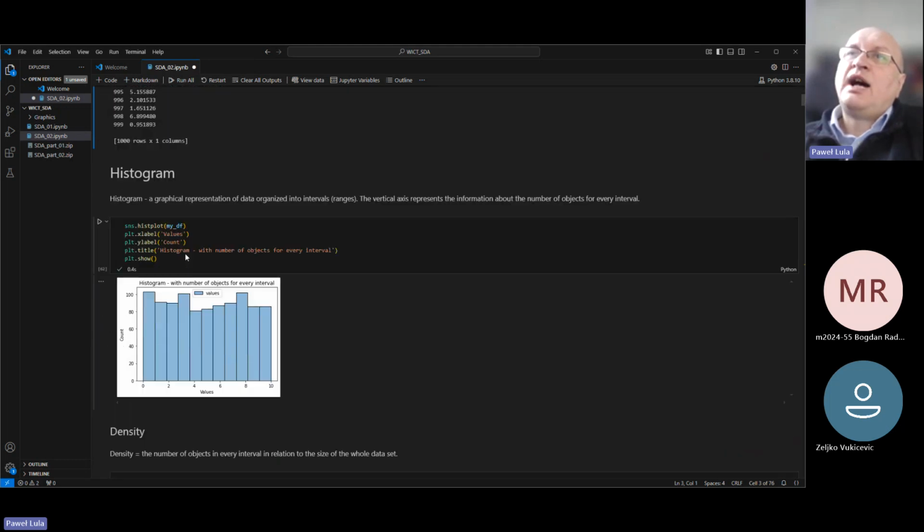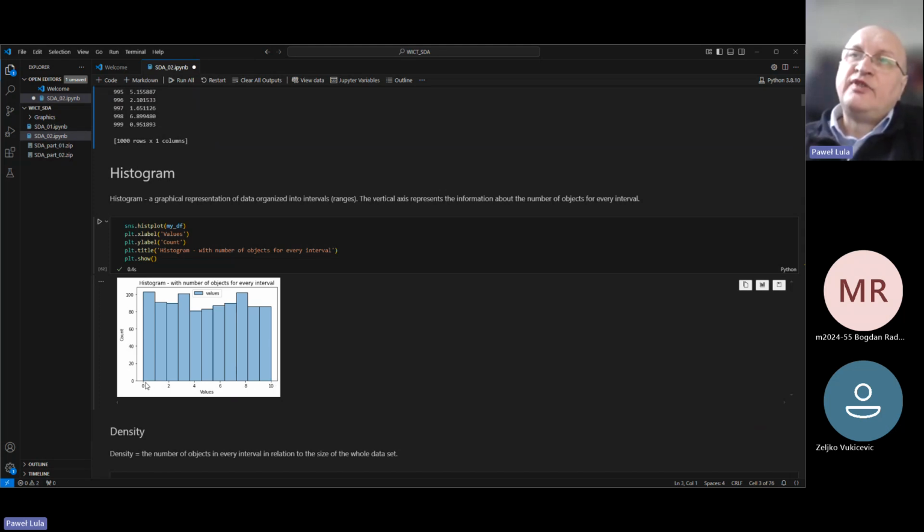And now how we should build a histogram. We have this range, 0 and 10. It is a minimum value and a maximum value which we can have in our data set.